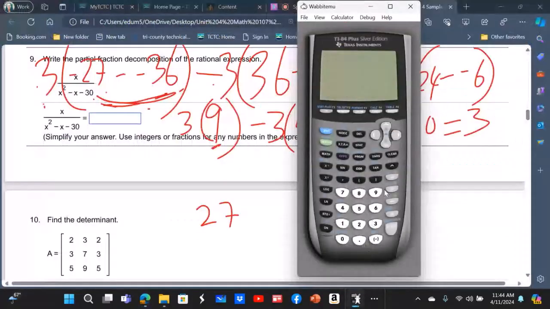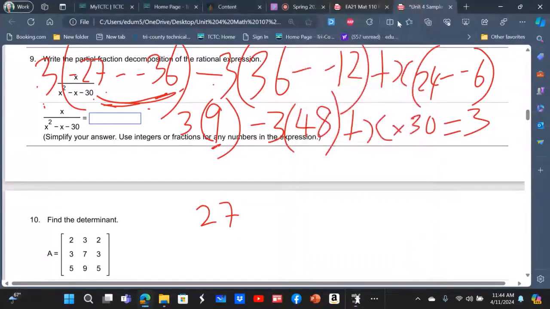So I'm going to turn my calculator on. 48 multiplied by 3, I have 144. Okay, so I have minus 144 here. And then x times 30 is 30x equal to 3.